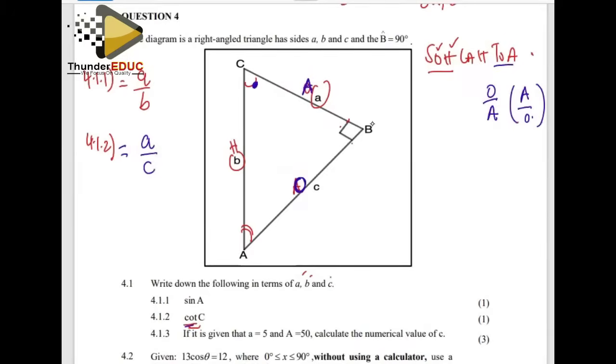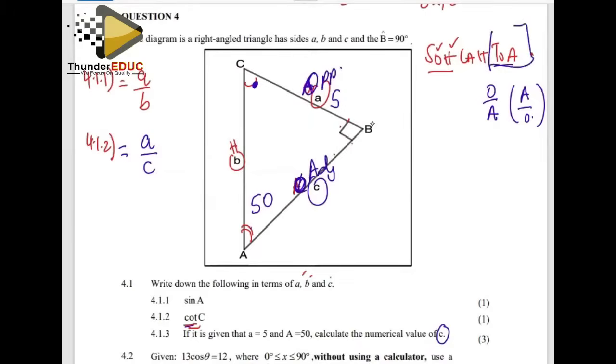4.1.3, if it's given that a is 5, and angle A is 50 degrees, they want us to find the size of c. If A is of interest, this is the opposite again, and this is the adjacent, what they want. Which trig ratio combines opposite and adjacent?